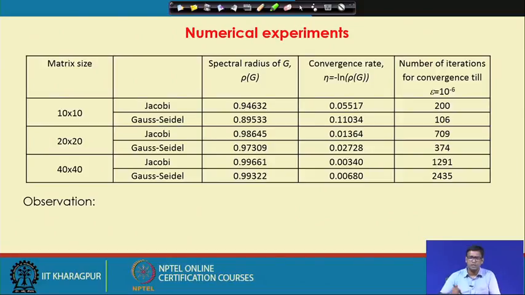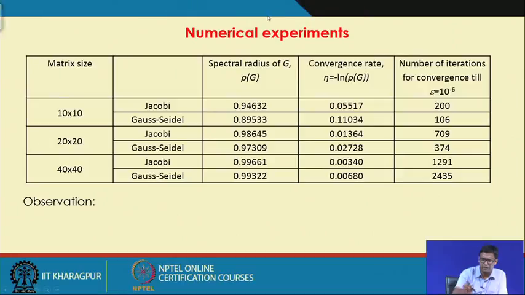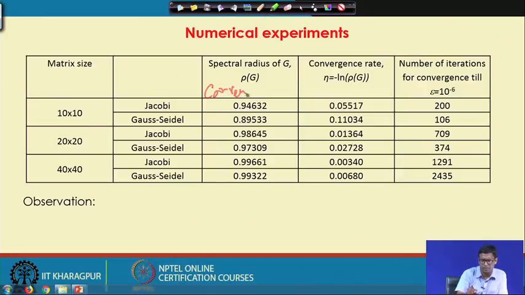So, rho G is also the convergence factor, the general convergence factor. If this is smaller, we need fewer iterations, and the scheme will be faster.